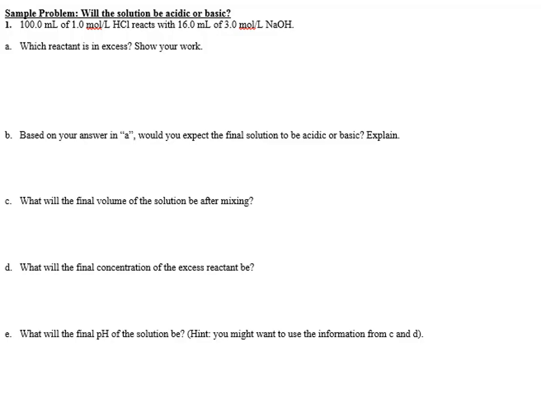So now we're going to take a look at a problem where you might have excess and limiting reagents. I'm going to walk you through this, and then there's a few more problems that you can try on the next few slides yourself. This will require some stoichiometry. So we have 100 mL of 1.0 molar HCl reacting with 16.0 mL of 3 moles per liter NaOH. Let's write that out.